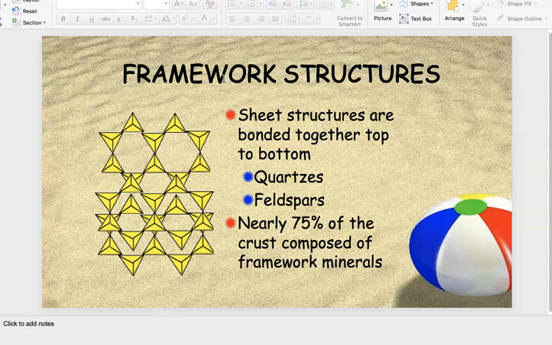But the more durable stuff is able to hang around. So that's my take on it at any rate. So when we move on to talking about igneous rocks, you should not be surprised to see quartz and feldspar over and over and over again.